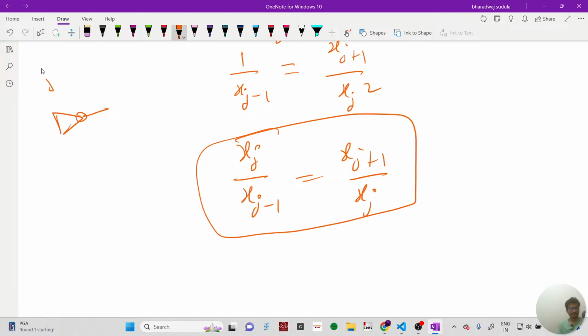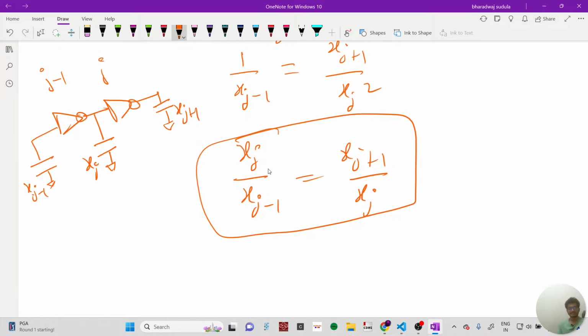This is the j minus 1 gate, this is the jth gate, this load cap will be xj, this will be xj minus 1, this will be xj plus 1.